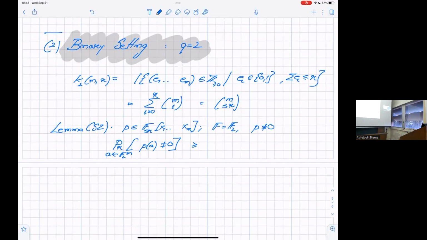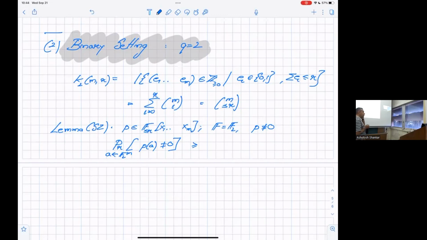What's the smallest you can expect this to be? Take a monomial. Take P to be a monomial of r variables, then 1 by 2 to the r.